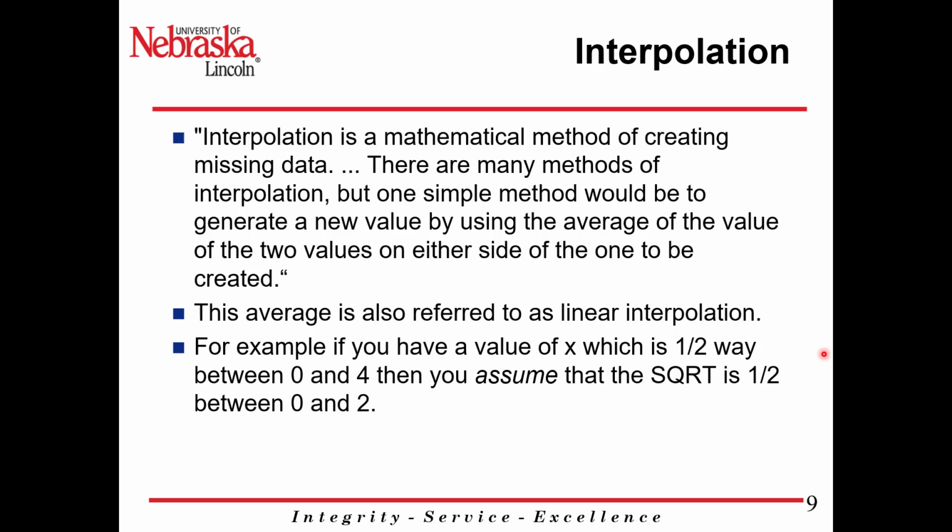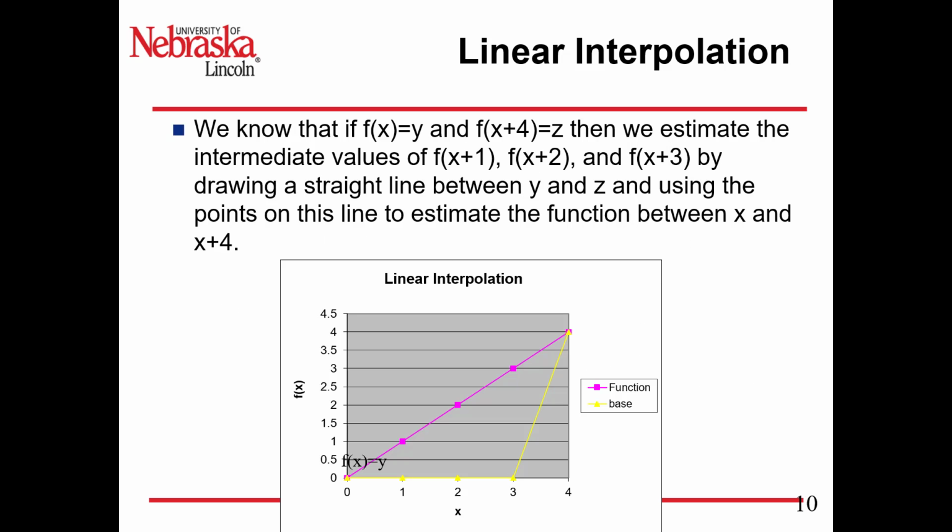So if you have a value of x, which is halfway between 0 and 4, then you assume that the square root is 1/2 the distance between 0 and 4. Shown on this graph, we know that f of x is this y value down here, and f of x plus 4 is this z value up here.